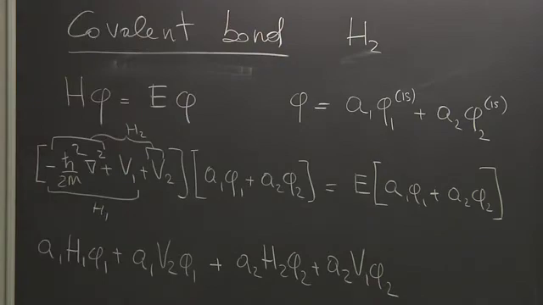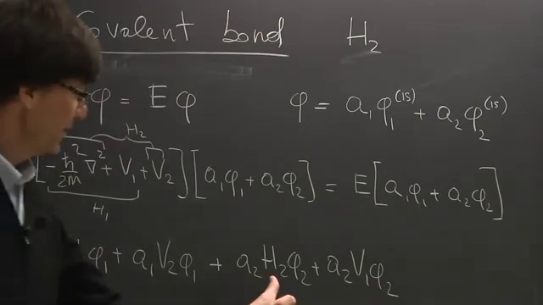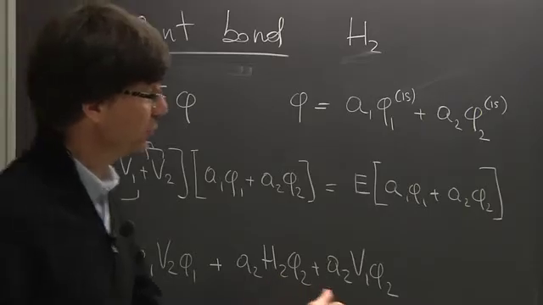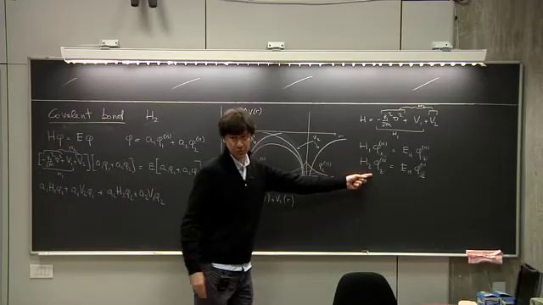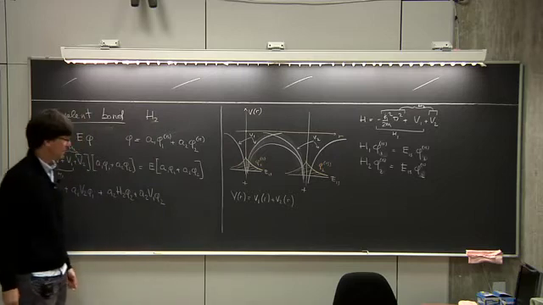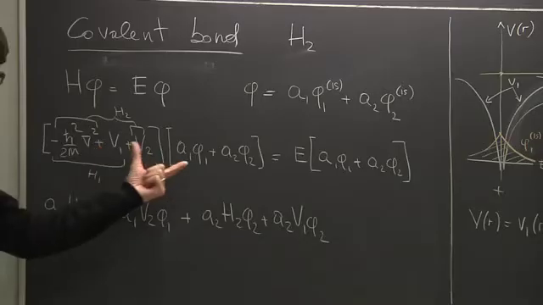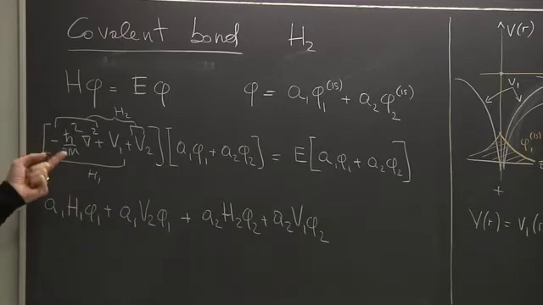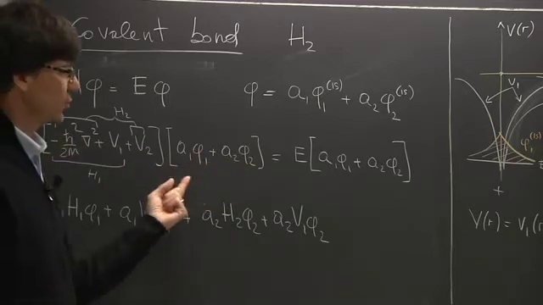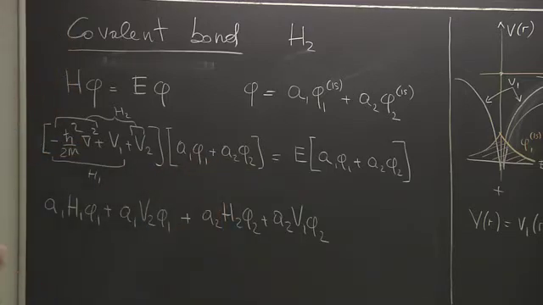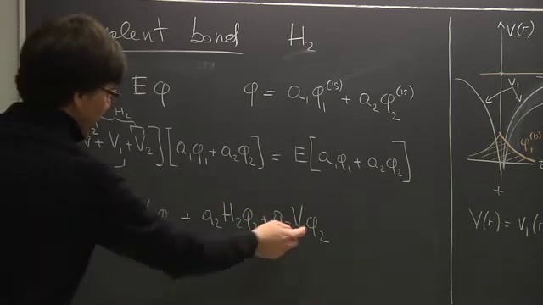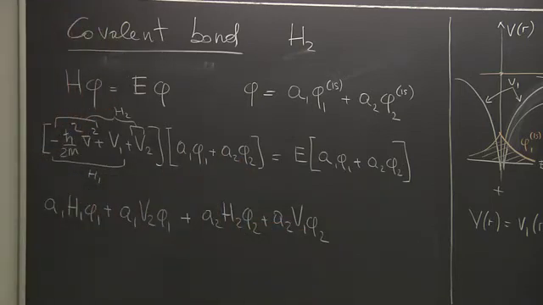Okay? It's clear why I did it. I did it because H2 phi 2, I know the solution already. Similarly, H1 phi 1 is the solution of my atomic problem. Right? So I've extracted out of my H the part for which I know the solution. And I left V2 and V1 here as an extra term.